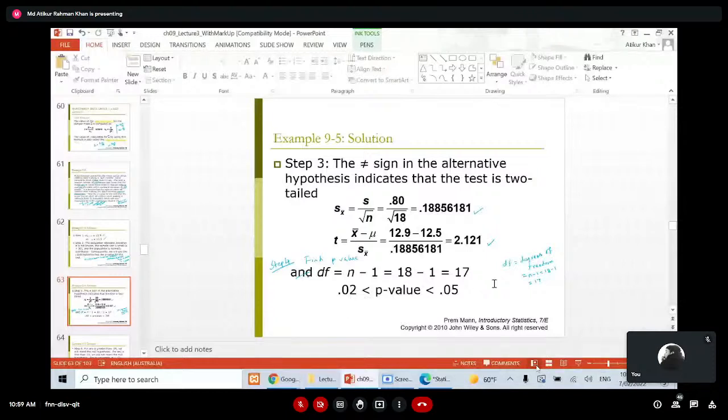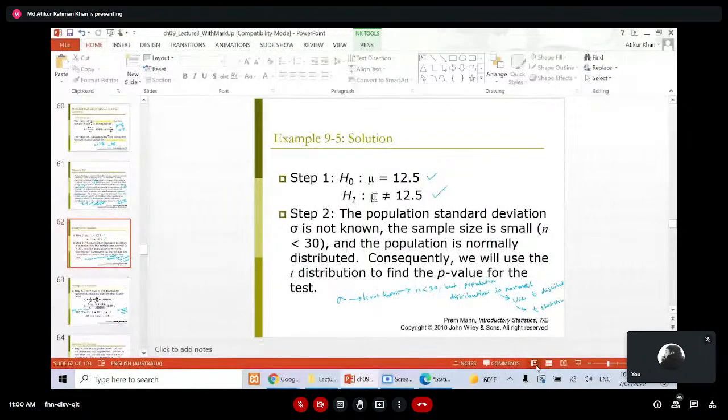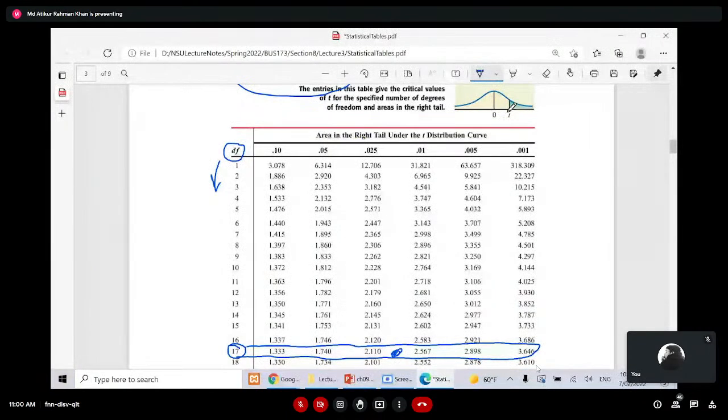So the probability is between 0.025 and 0.01. Then why do we say 0.02 and 0.05? Because it's a two-tailed test and the table shows only the right tail.